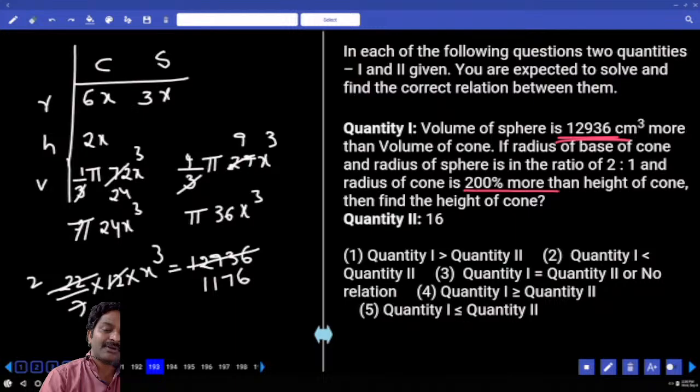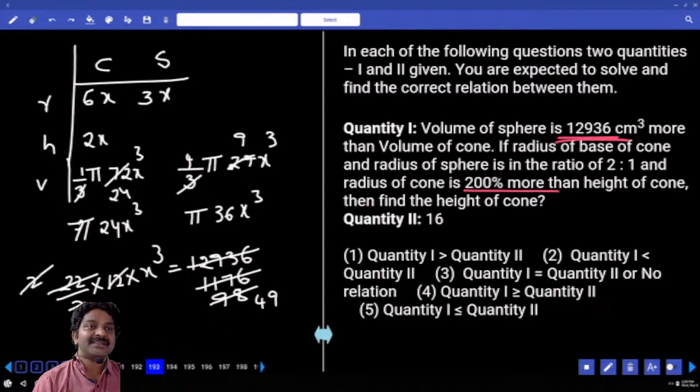Followed by 12, 9 times, that is 108, difference 96. 96 in the sense 8 times 12. So 49 times x cube is equal to 7 into 49, that means x cube is equal to 7 cube, x is equal to 7.